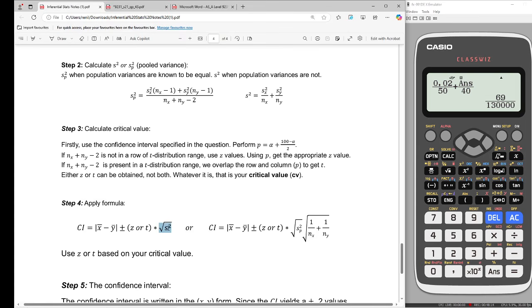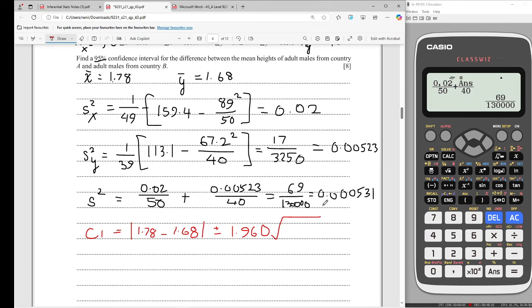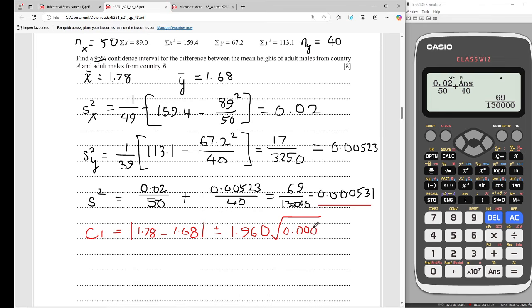Right, we use the root of S2 here, and our S2 value is this value that we've calculated here, 0.000531. Right, that's your S2 value.